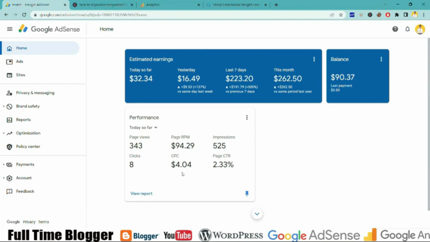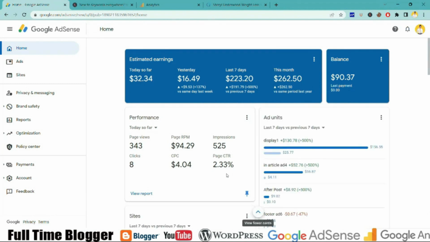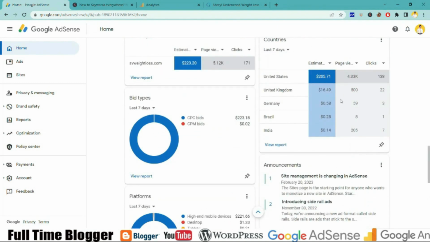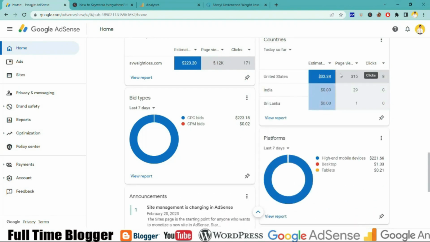The best thing is my CPC is $4. How low is CTR? It's good. You can see I usually have my traffic and earnings from the United States. And if I select today so far, here you can see the earnings that I earned today.